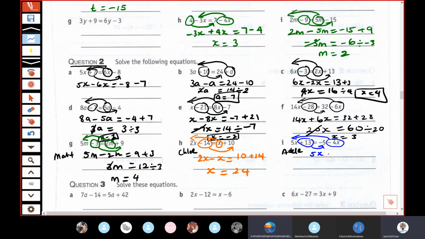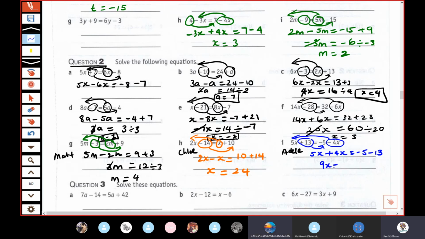A minus 4x, opposite, plus. Equals minus 5, opposite. What are you going to say? Plus 13, opposite. Oh no, minus 13. Right? Minus 13. The opposite of plus is minus.